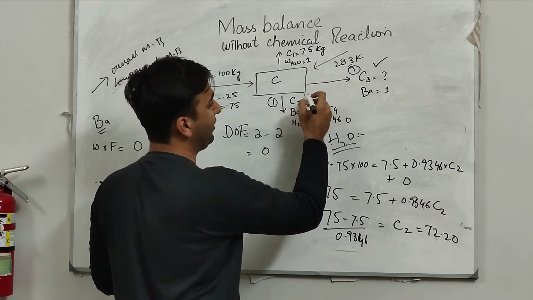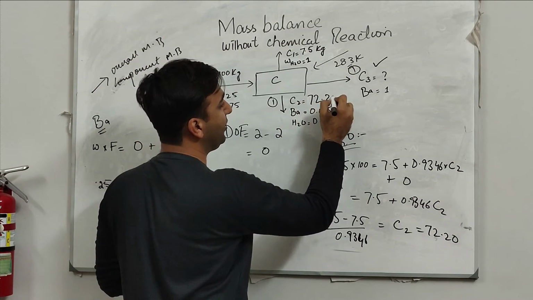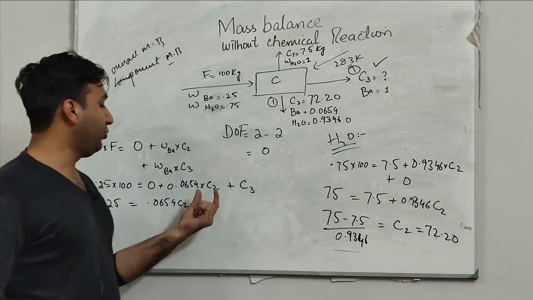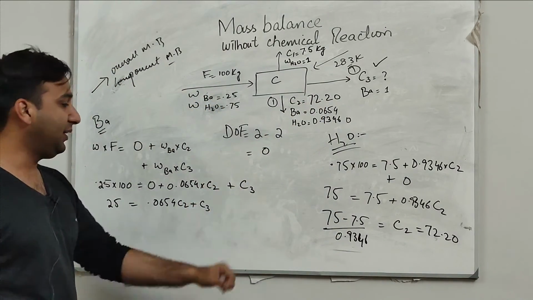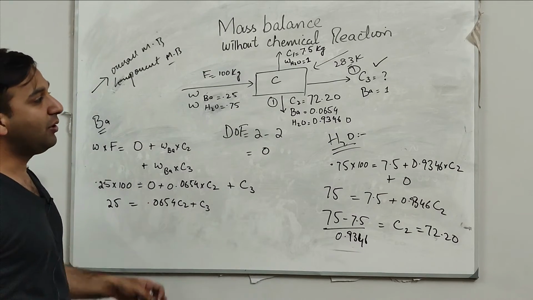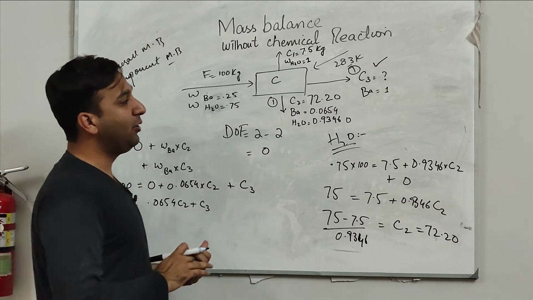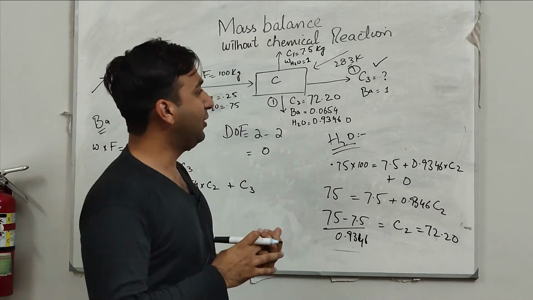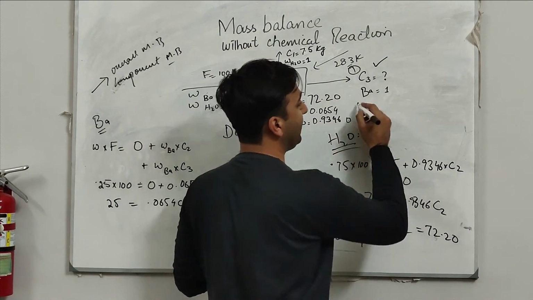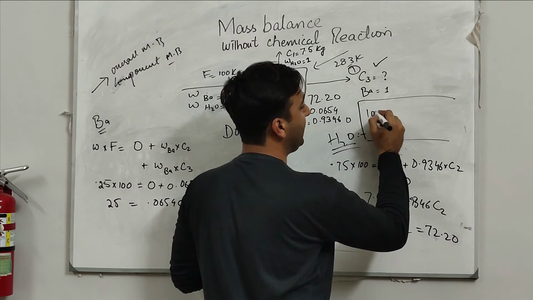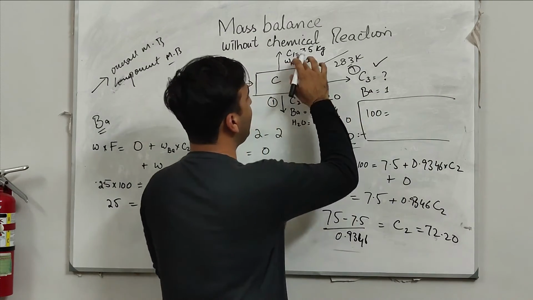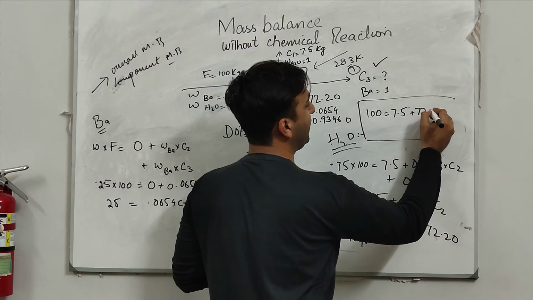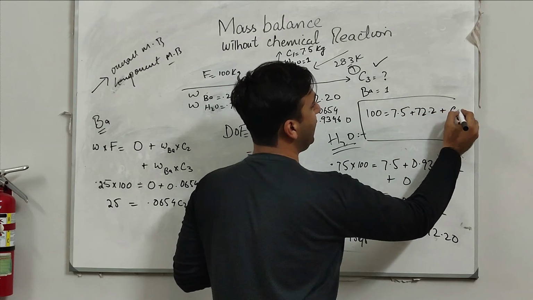So now we have found out that our C2 is 72.20. You can write the value of C2 here and you can find C3 as well, or you can also do this by overall mass balance. So now how can you find it by overall mass balance? In the overall mass balance, input is 100 kgs of feed, equal to 7.5 plus 72.2 plus C3.